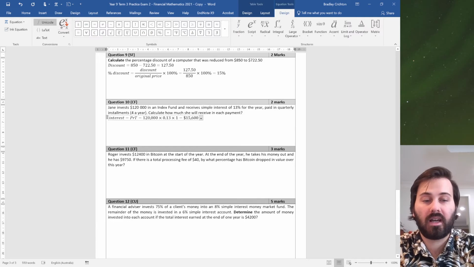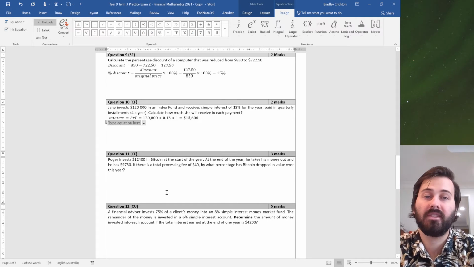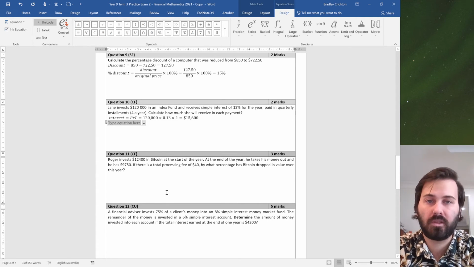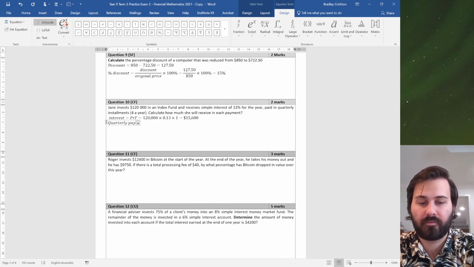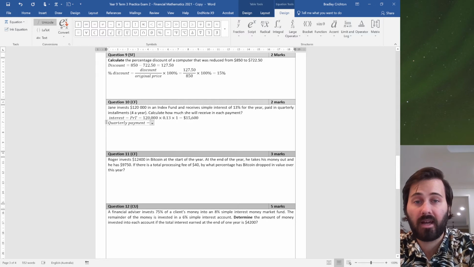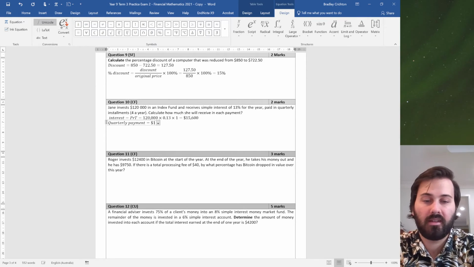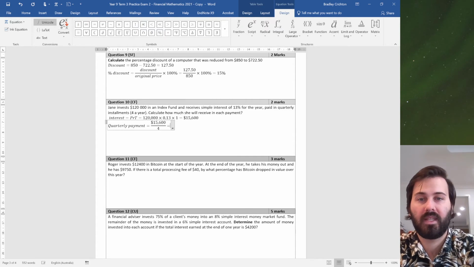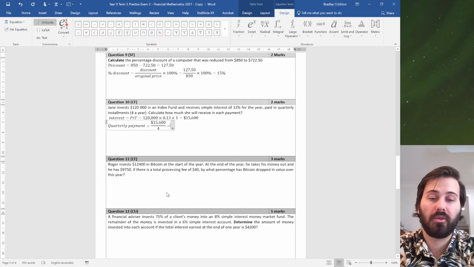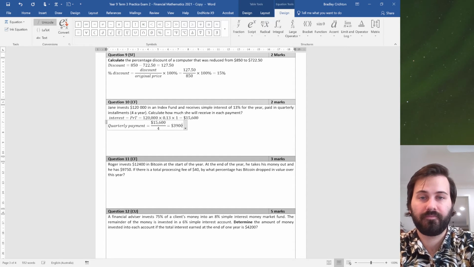Now the question asks us how much does she receive in payment quarterly. So our quarterly payment is equal to our total amount that she would receive, 15,600 divided by 4. So that is equal to 3,900.